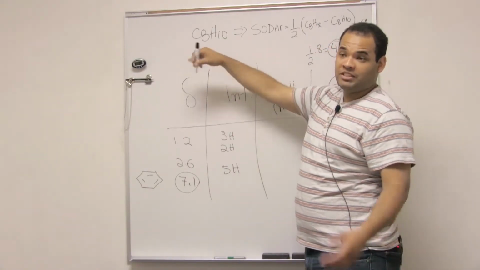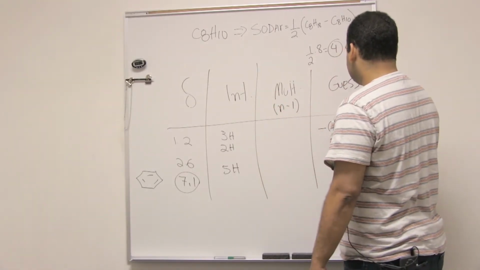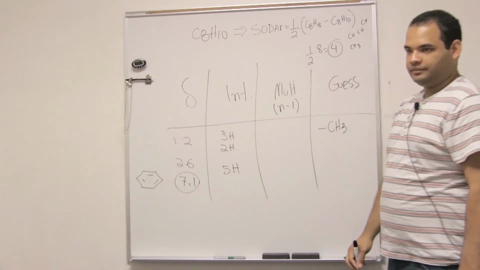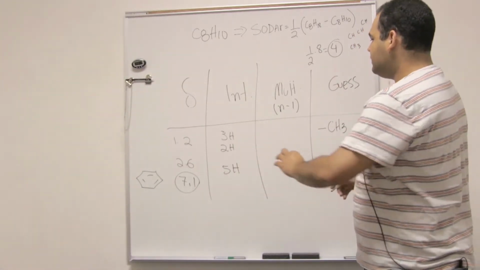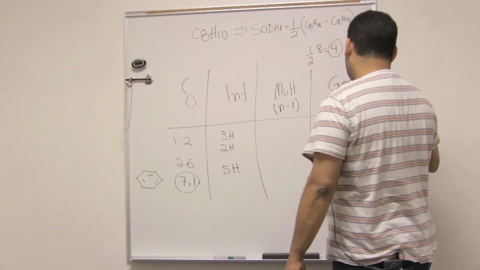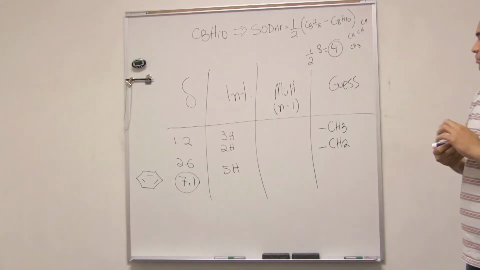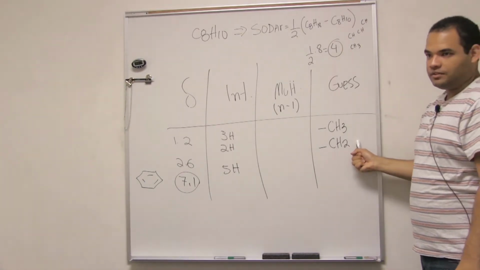I would have more carbons than I really do have. So my best guess will be a CH3, because I have 3 hydrogens there. The same thing for this one. My best guess would be a CH2. I could have 2 CHs, but because it would be too many carbons, my best guess is a CH2.